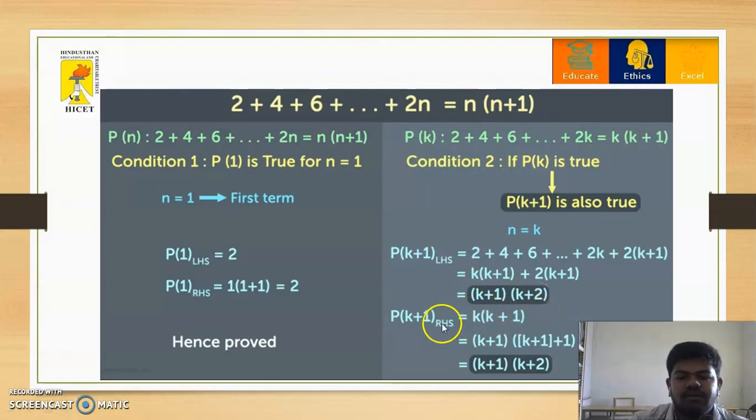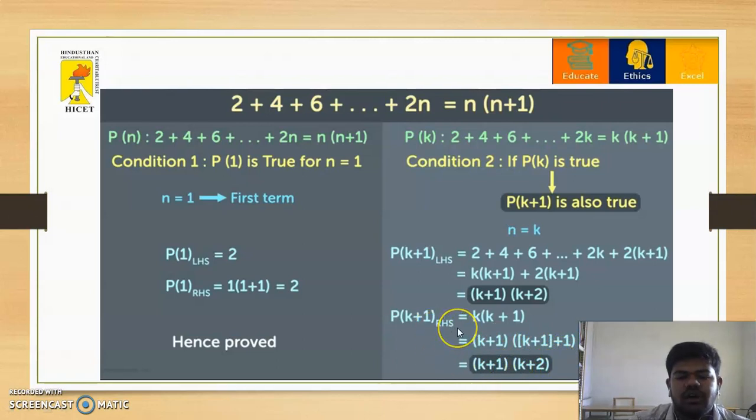And the right hand side is k into k plus 1. Here we need to replace k by k plus 1. If k is replaced by k plus 1, then k plus 1 becomes k plus 1 plus 1, and k plus 1 into k plus 1 plus 1 becomes k plus 1 into k plus 2.